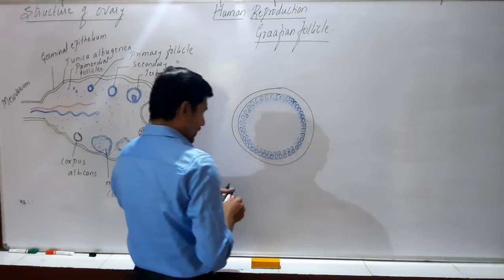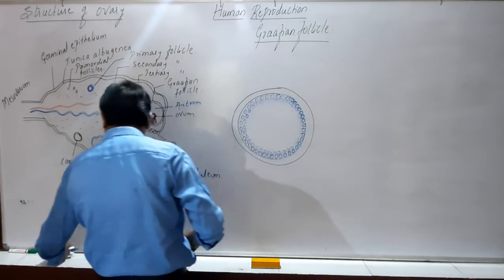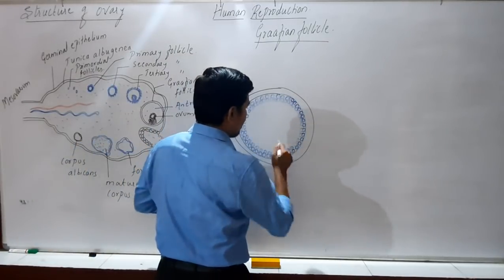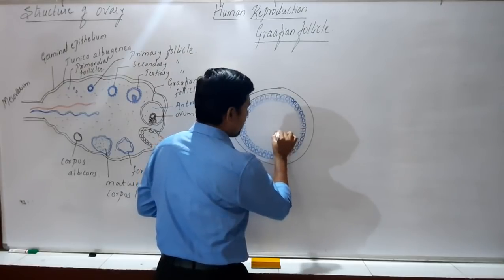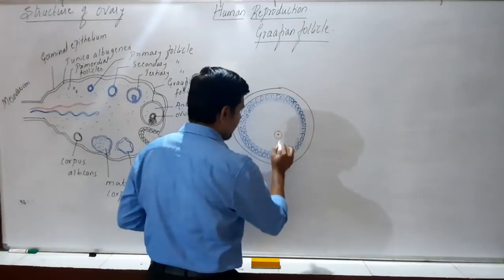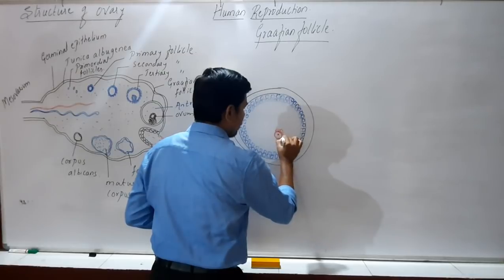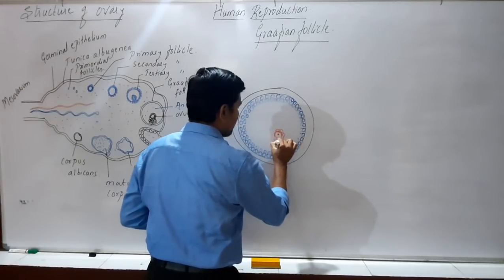Okay, then at the center here we have a structure. This is the ovum, which we also call the secondary oocyte, surrounded by certain cells.